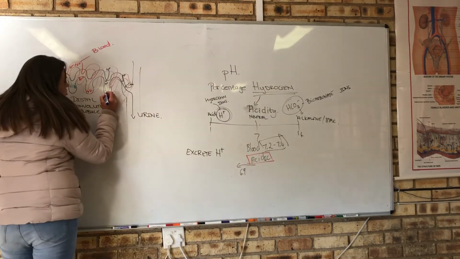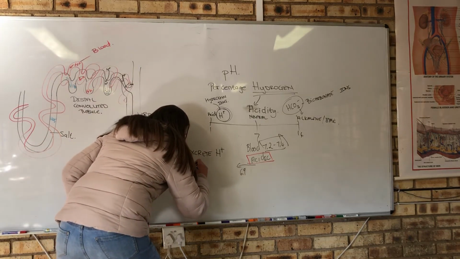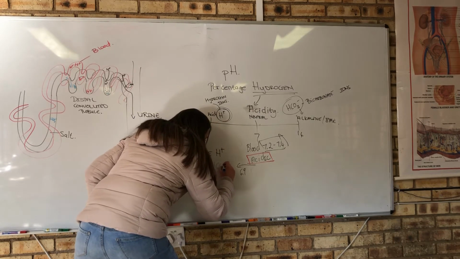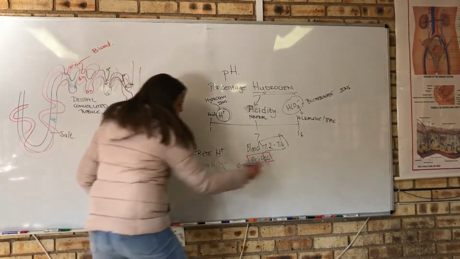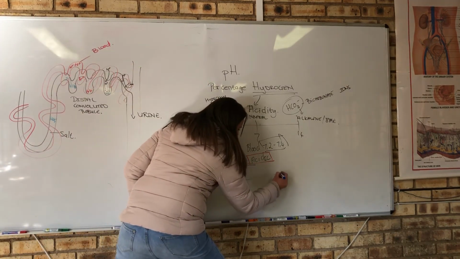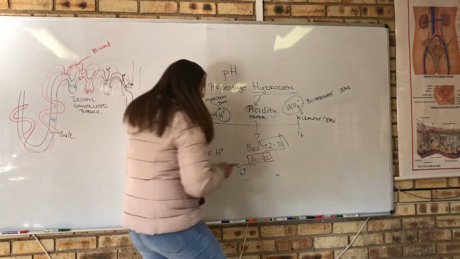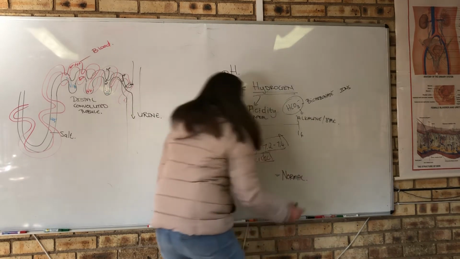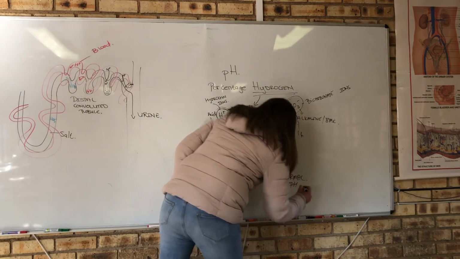And so we excrete hydrogen, but we reabsorb HCO3 minus until we reach what we refer to as homeostasis. We get into our normal pH.